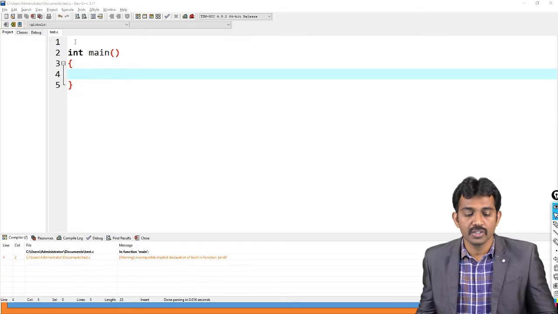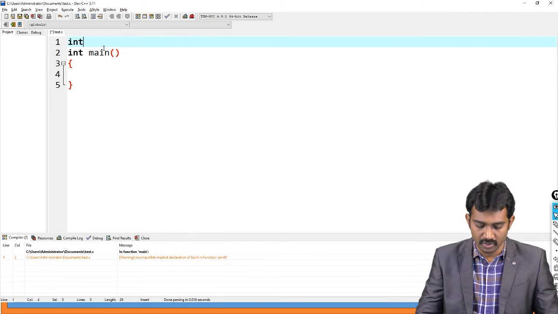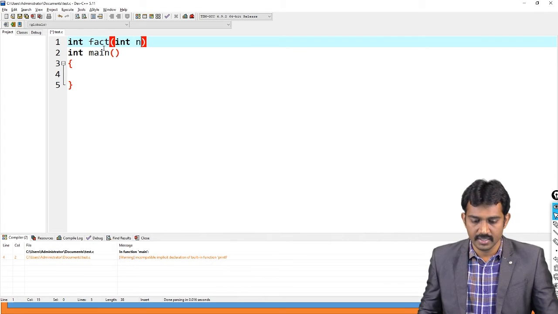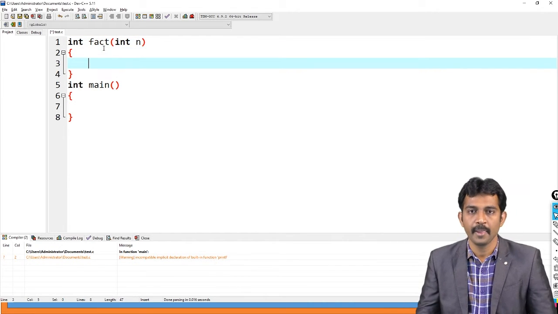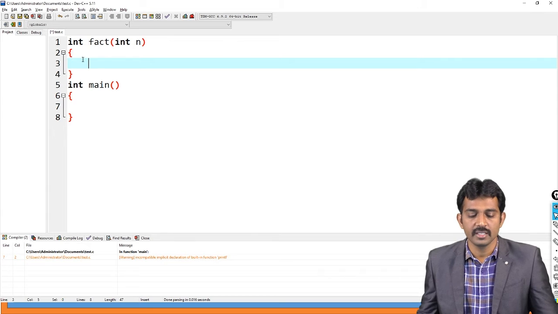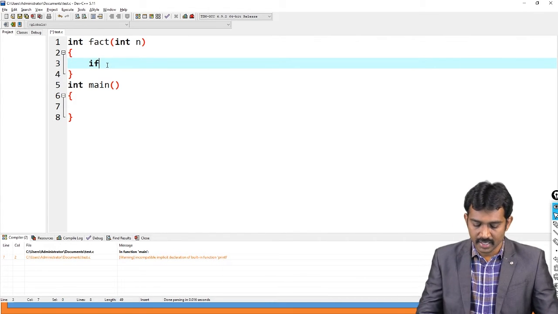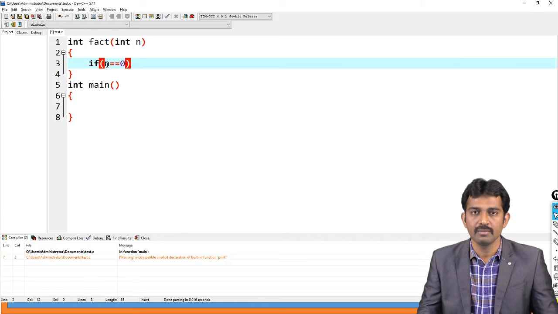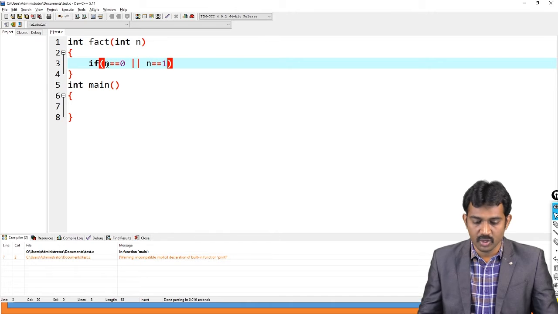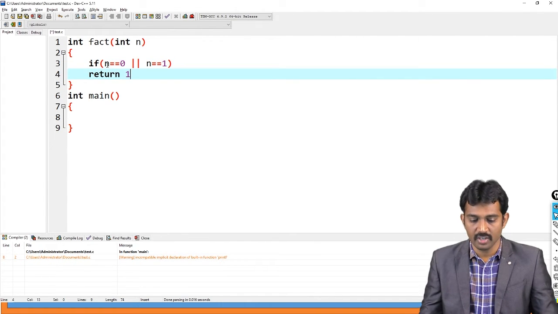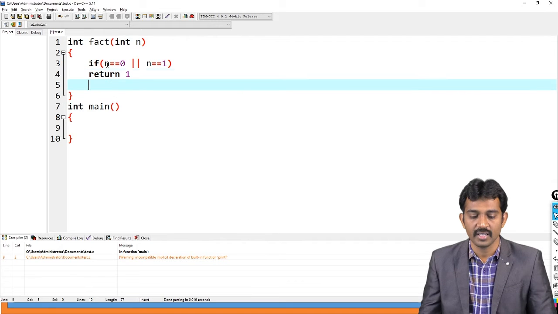First we require one function, that is int fact(int n). After this, if n is equal to 0 or n is equal to 1, then return 1, the factorial is 1.